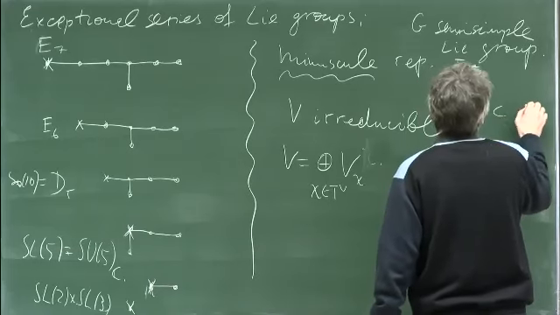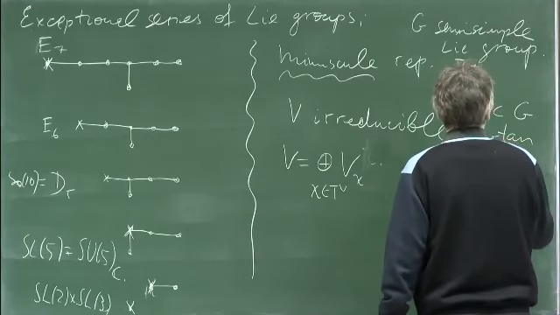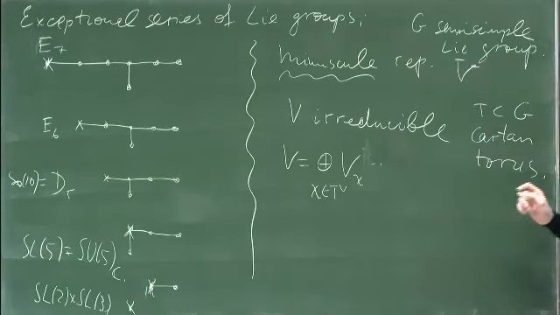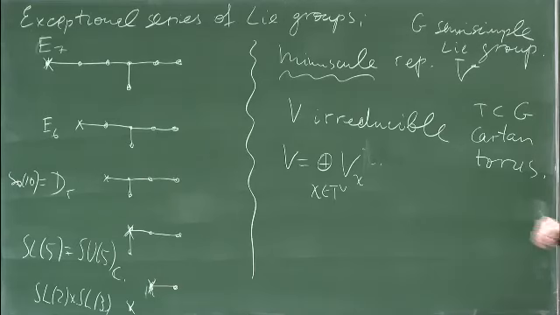So in T we fixed the Cartan torus, so these are weight spaces with respect to the Cartan torus.